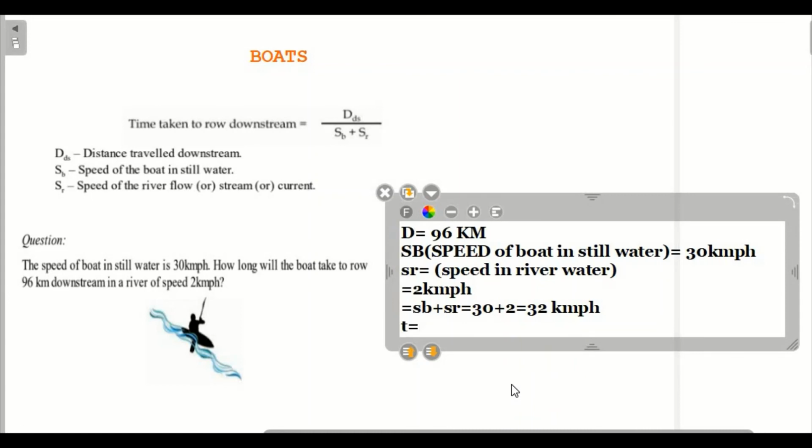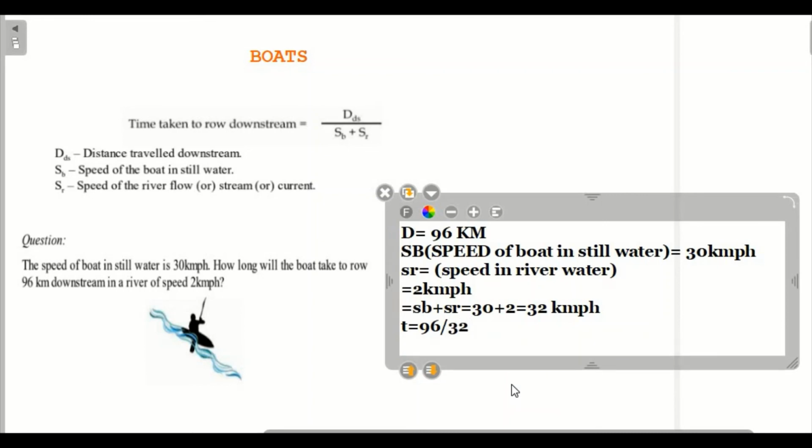So time is equal to 96 divided by 32. So we got the answer. It is 3 hours. We have to calculate only the hours. They never said convert to minutes. They ask you to calculate in hours. So it takes 3 hours to reach downstream.